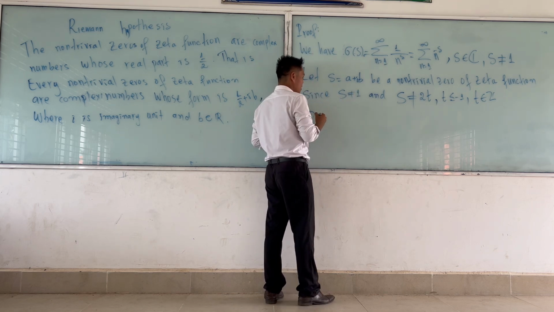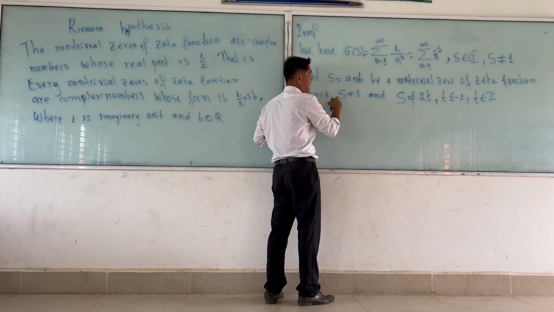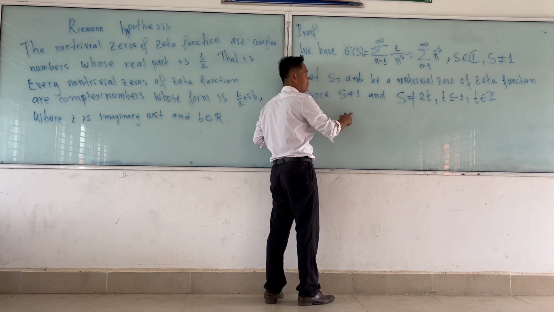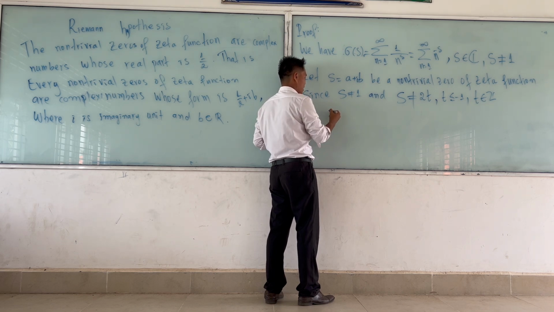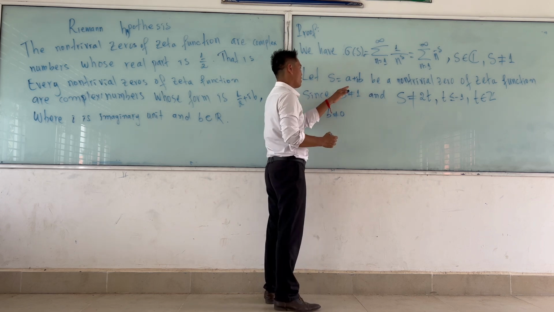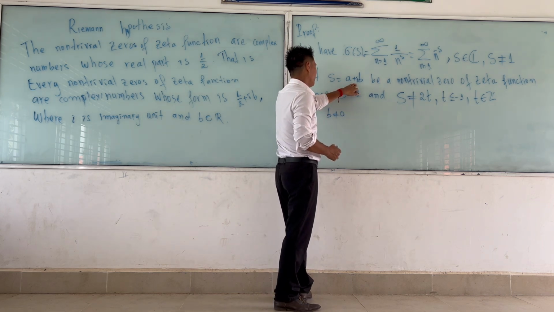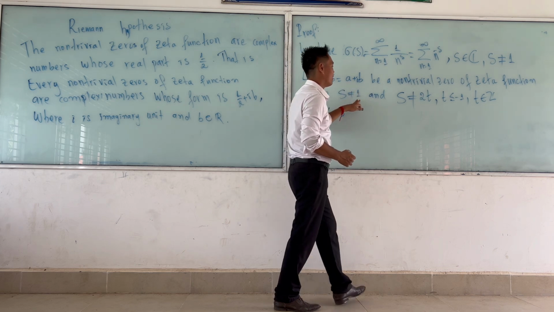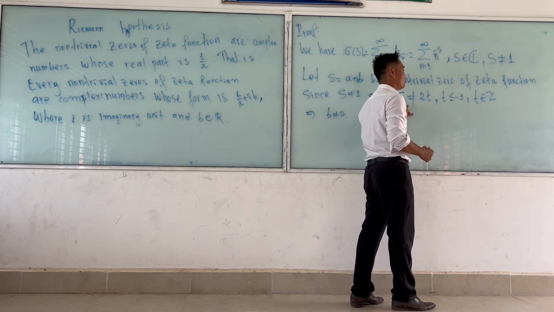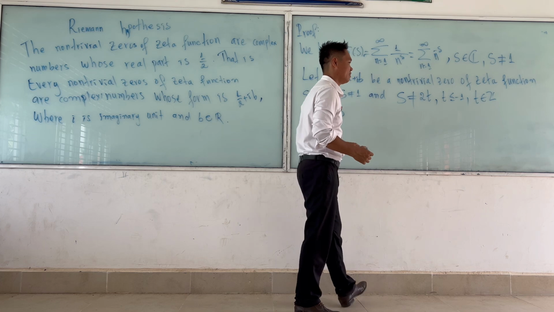So, in order to get s not equal to 1, we divide into two cases: b equal to 0 and b not equal to 0. So first, if b is not equal to 0, s exactly is not equal to 1 or not equal to 2t, which is the negative integer, right?